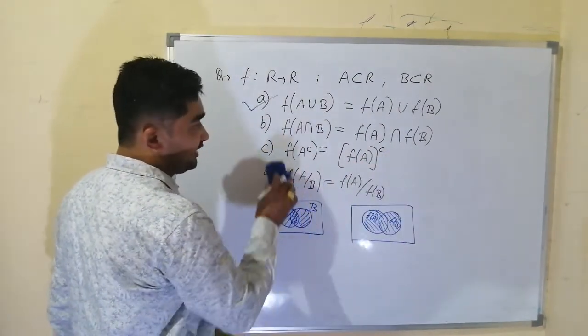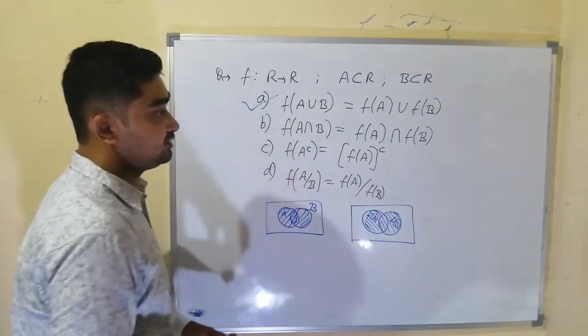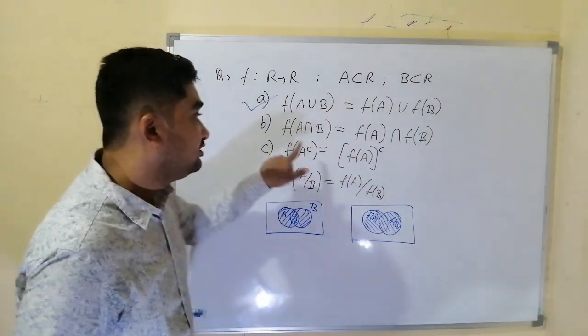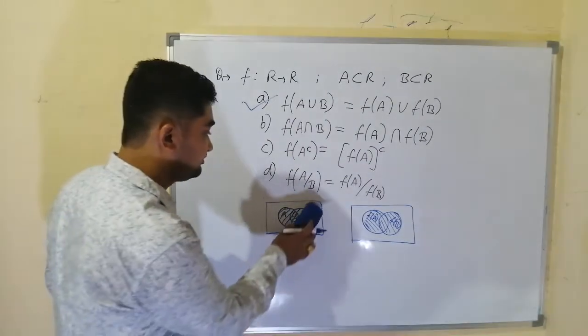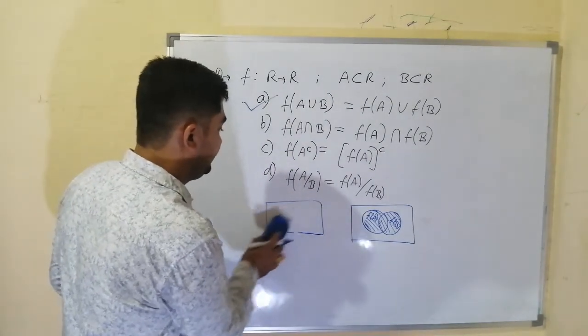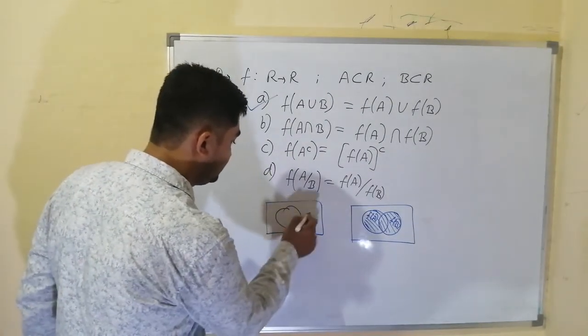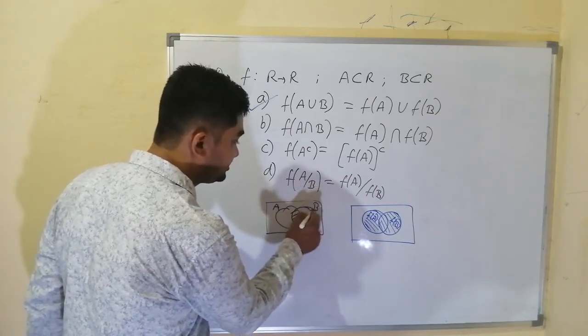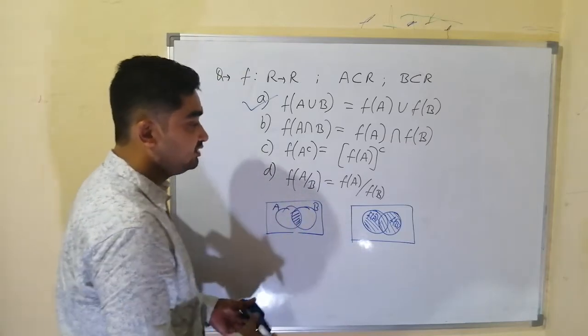The second option is f of A intersection B is equal to f of A intersection f of B. What is f of A intersection B? It is this common region.